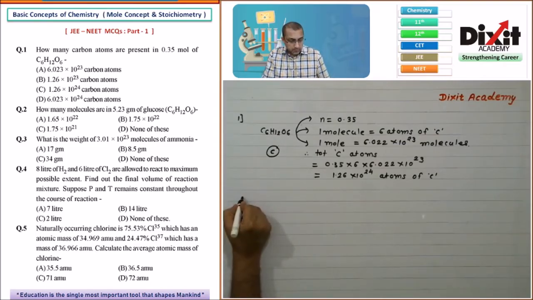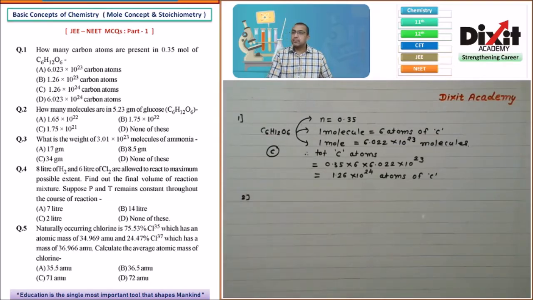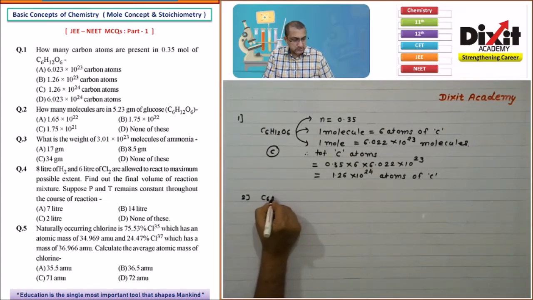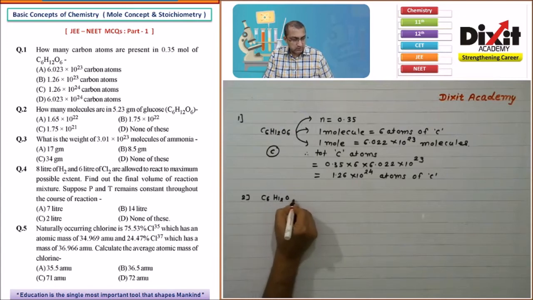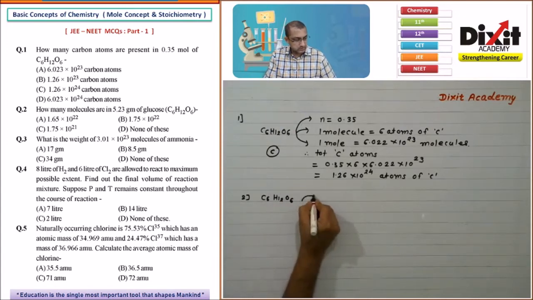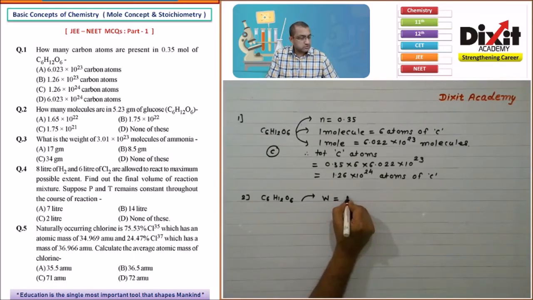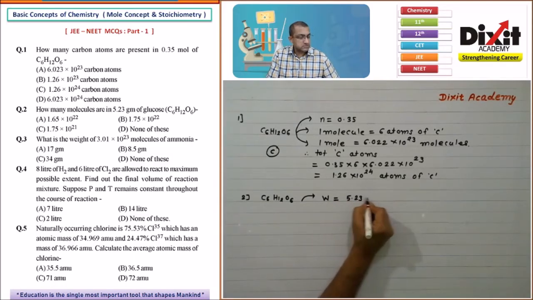Question number 2. How many molecules are in 5.23 grams of glucose? So again, given molecule is glucose, C6H12O6. Given weight for glucose is 5.23 grams.